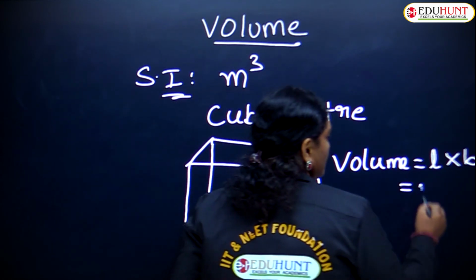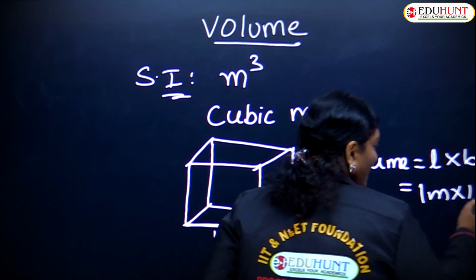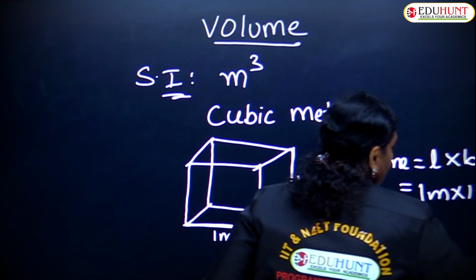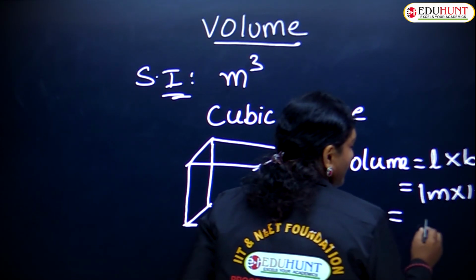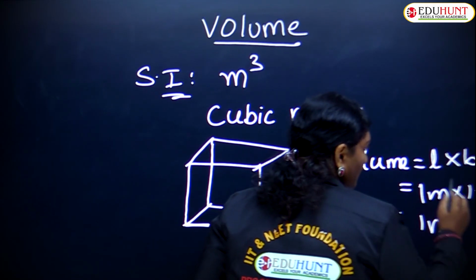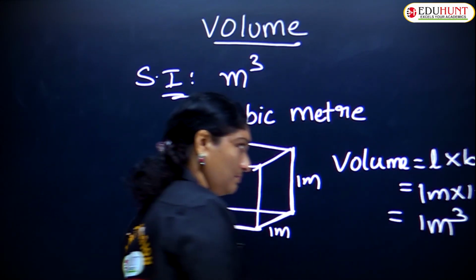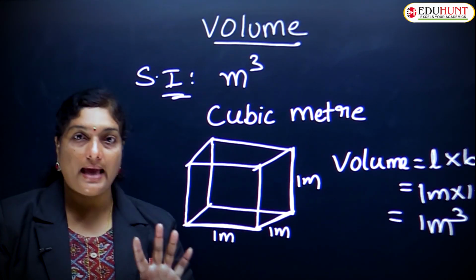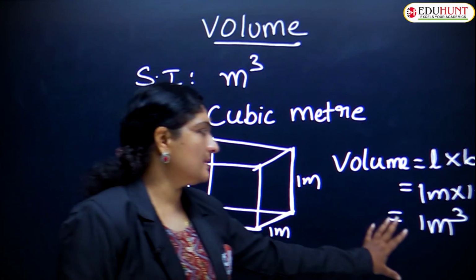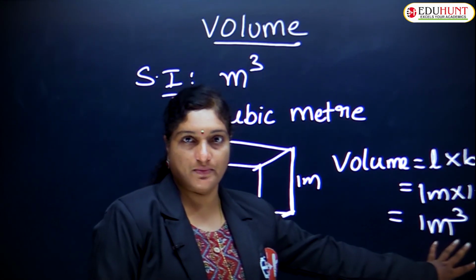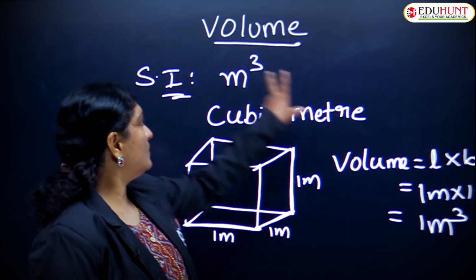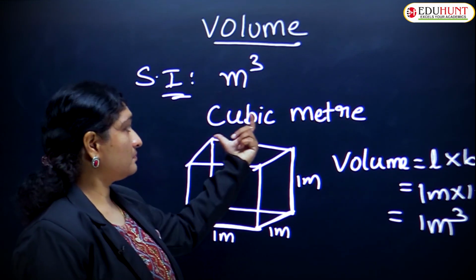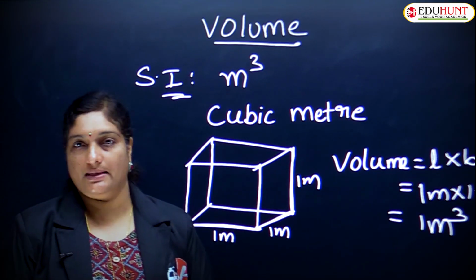So this is equal to 1 meter into 1 meter into 1 meter. All together 1 into 1 into 1 is 1, and meter into meter into meter is meter cube. So the volume of a cube in the SI system is considered as 1 meter cube. Simply, the unit is meter cube, read as cubic meters.